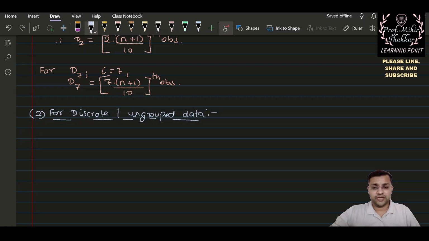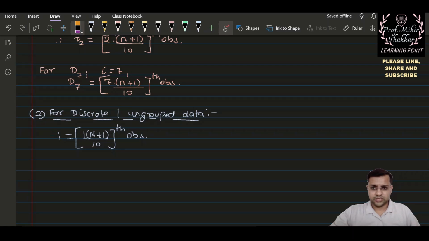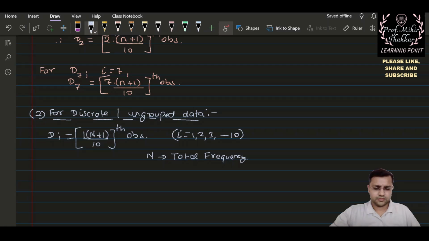After calculating the cumulative frequency, the next thing you will do is use the formula. I will get Di is equal to i into (capital N plus 1) divided by 10th observation. I'm sorry, this has to be decile, so it is Di, and the i value is 1, 2, 3 up till 9, whereas the capital N over there is representing the total frequency.